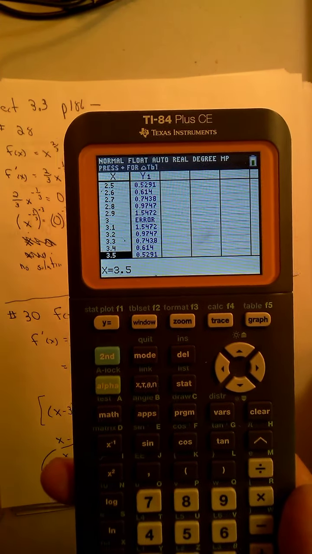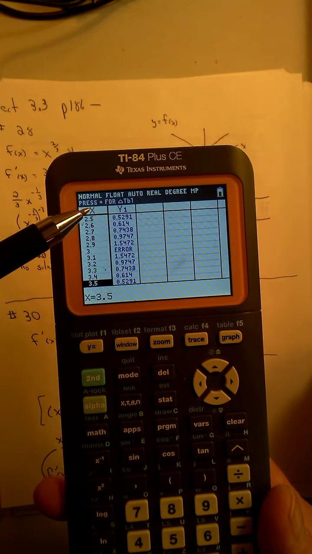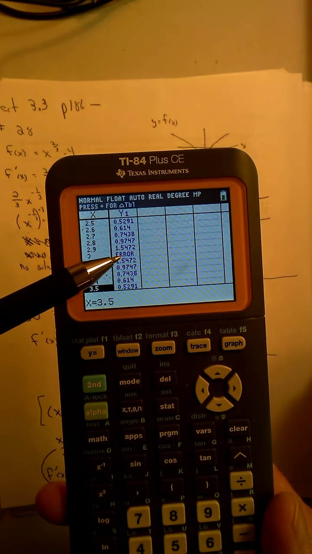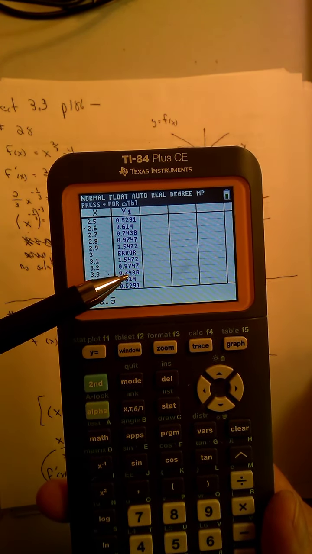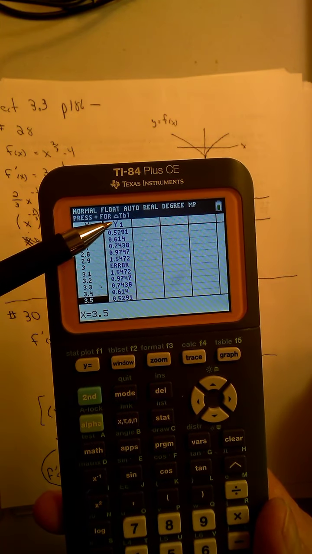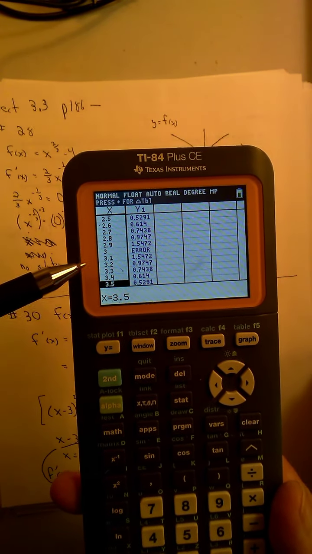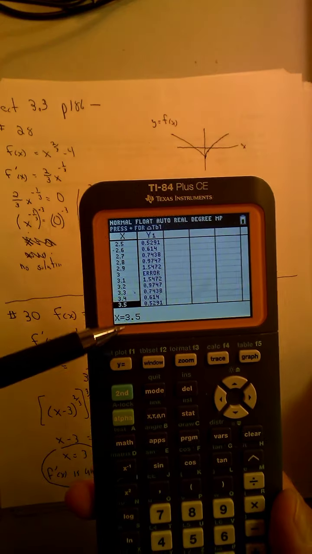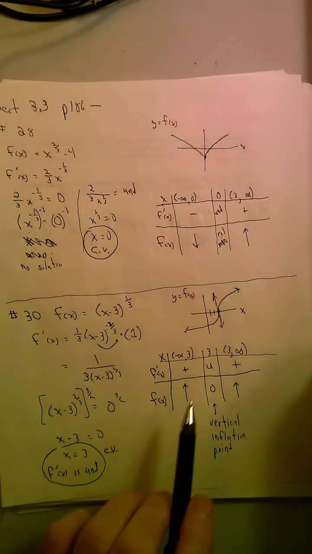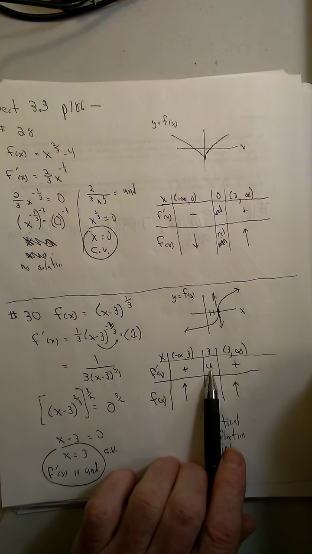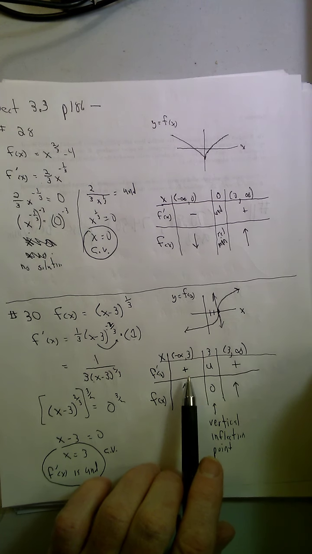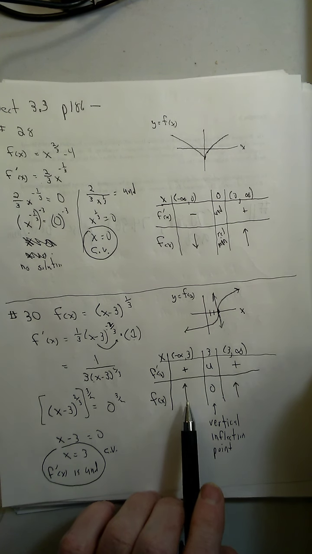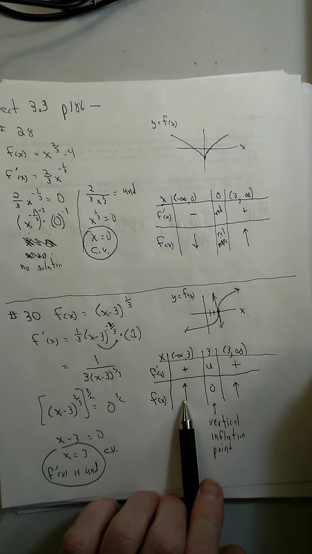So you can see to the left of 3, values are positive, undefined at 3, and positive again. These are the values of the derivative at these x coordinates. So the derivative is positive, then undefined, then positive. When derivative is positive, function is increasing.